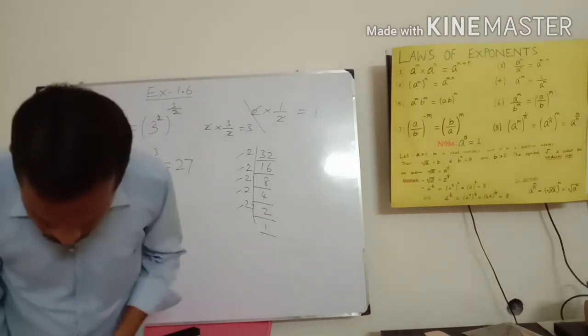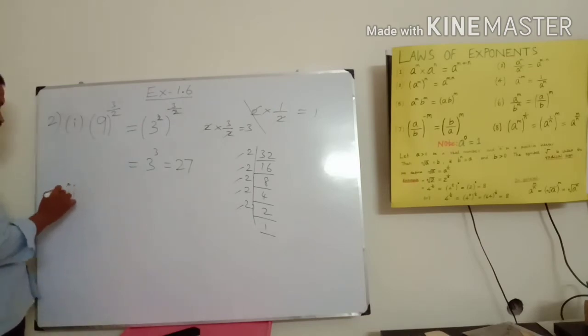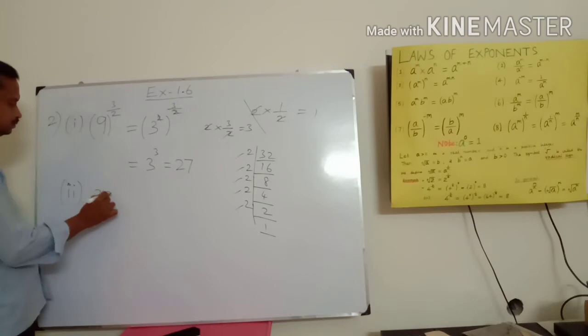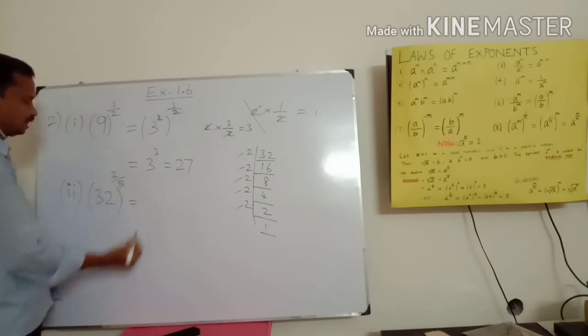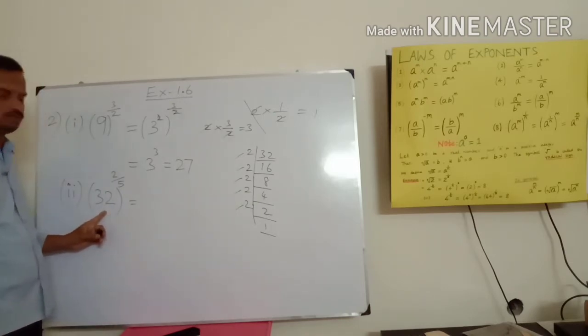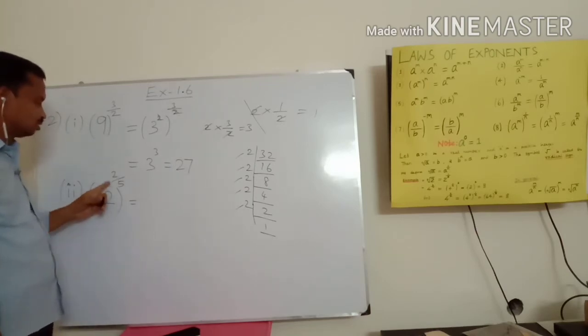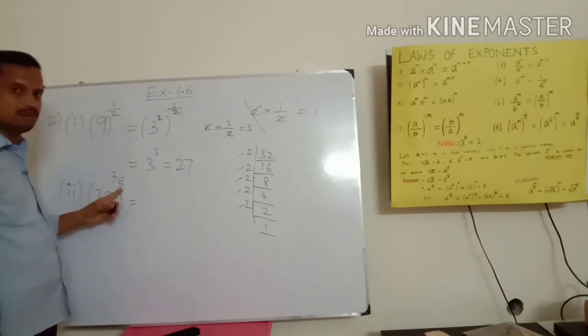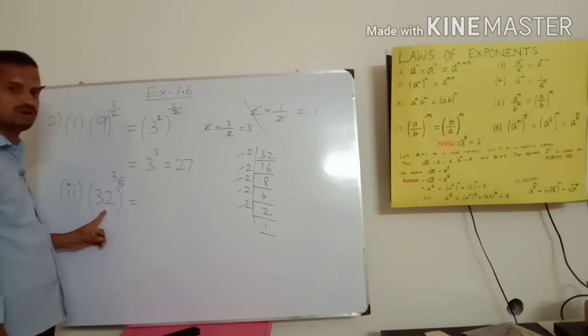The next question, 32 power 2 by 5. Here the base is 32 and the exponent is 2 by 5. We can observe the denominator of the exponent is 5, and now we have to make 32 a number with power 5.